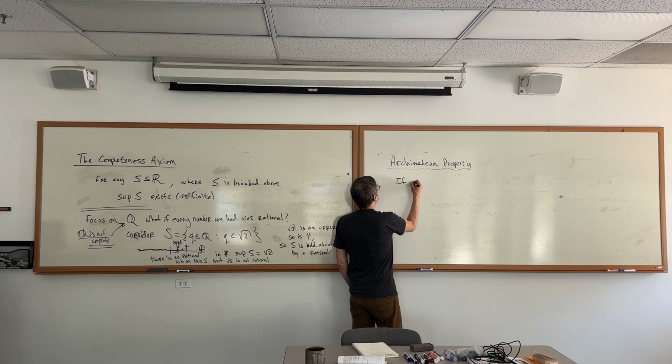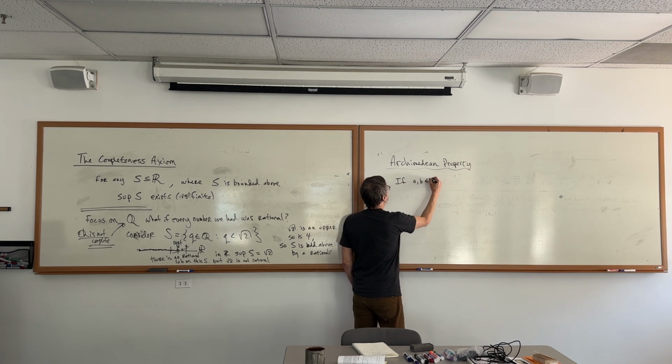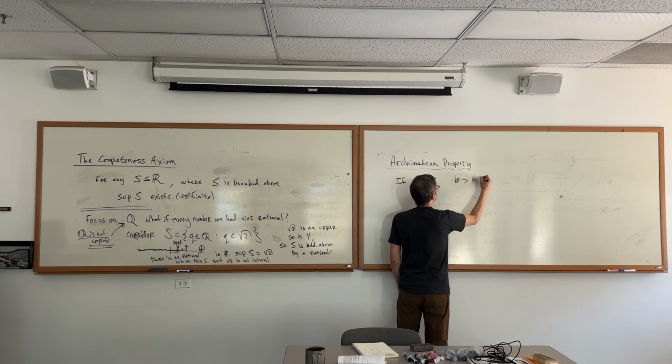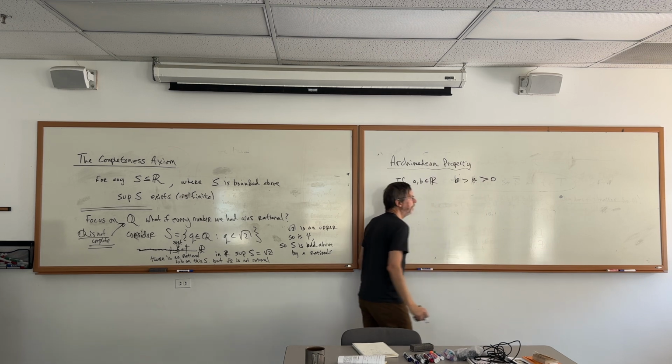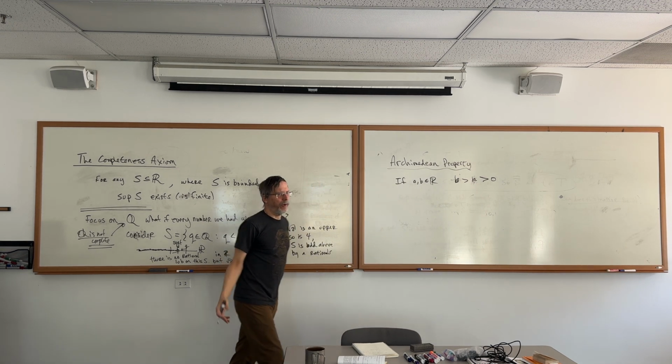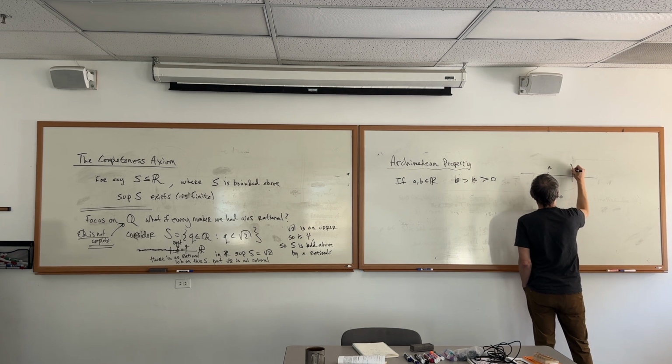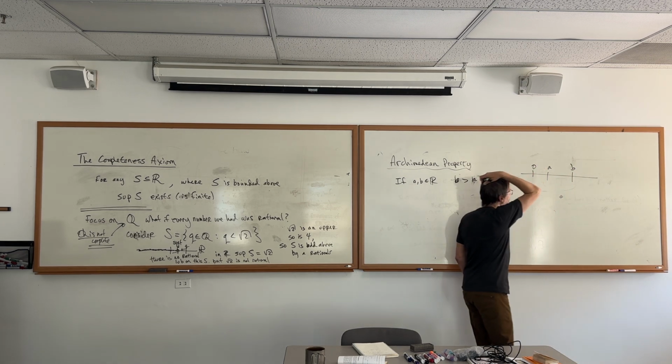So if we have two real numbers, a and b, and we'll say that b is greater than a, and they're both positive. In other words, b lives to the right of a, and here's 0.